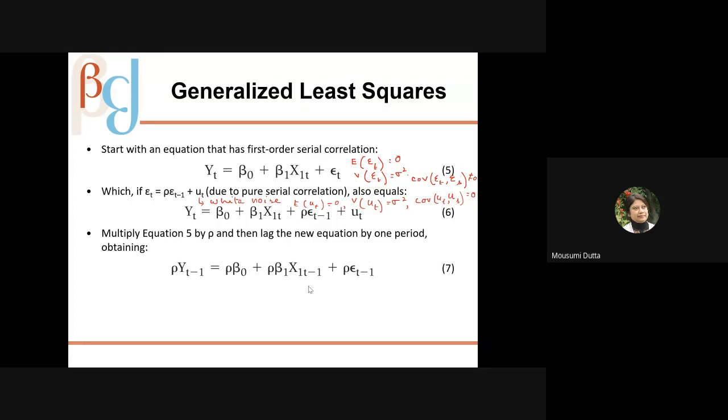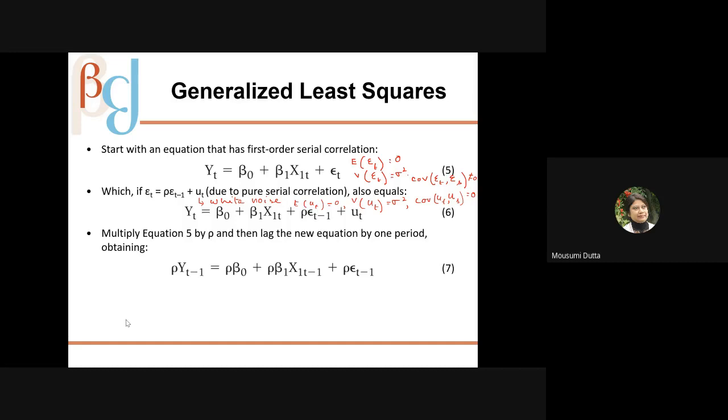This rho epsilon t minus 1 and rho epsilon t minus 1 will be cancelled, and you will be left with only ut. So I'll request everybody, please subtract equation number 7 from equation number 6.